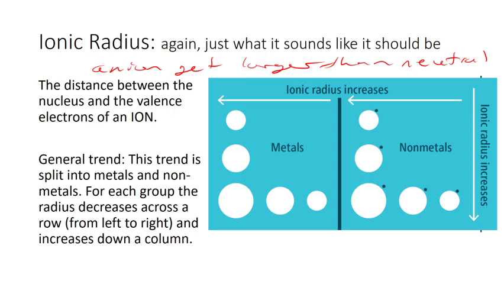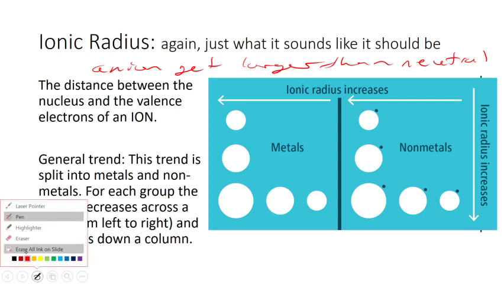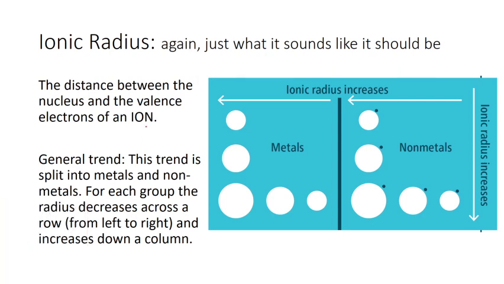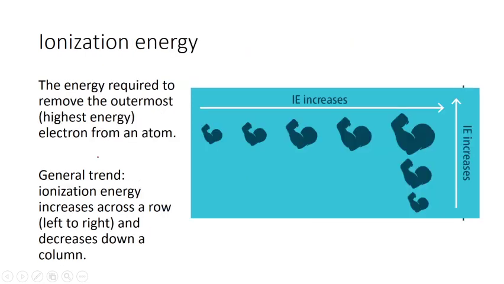And why this is, is because you're adding electrons to make a negative ion, and you're not adding protons, right? So that pull from the nucleus actually gets weaker as you add those electrons. All right, so again, effective nuclear charge is determining the trends for ionic radius as well.